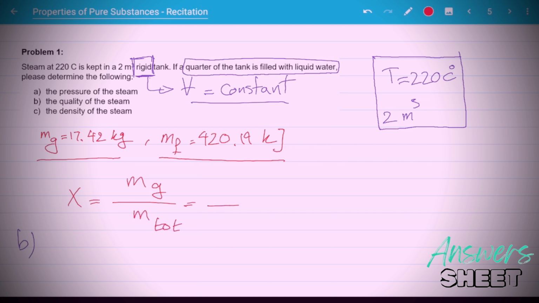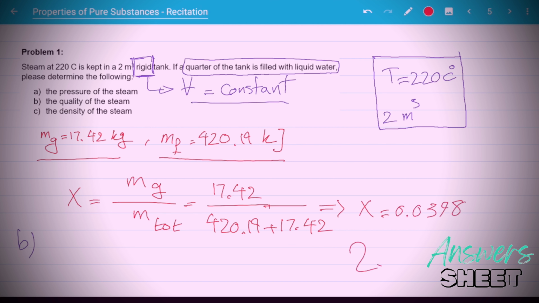That will be 17.42 over 420.19 plus 17.42. Now, if we do the calculations, the quality is roughly 4%.